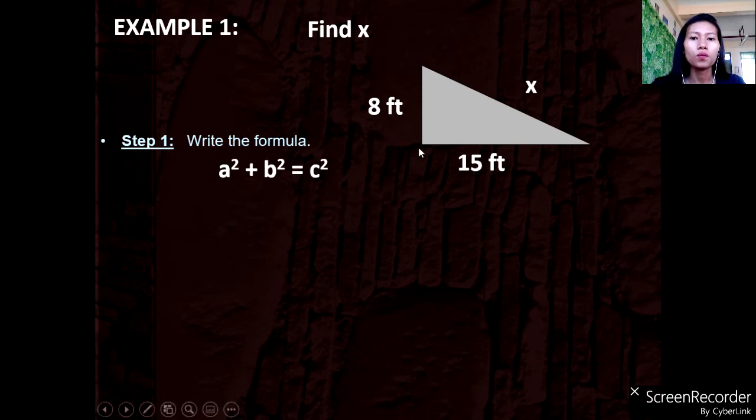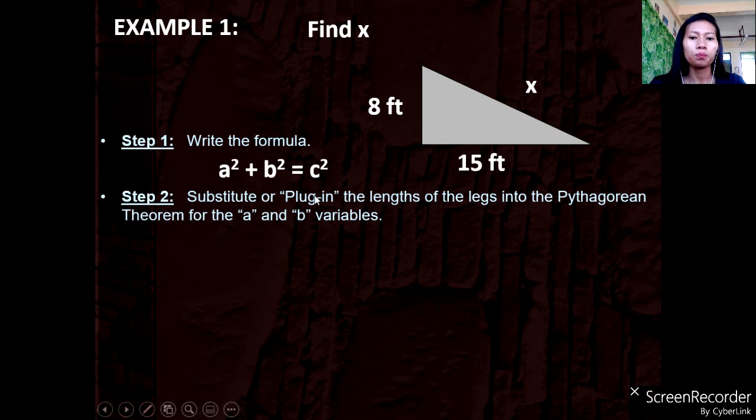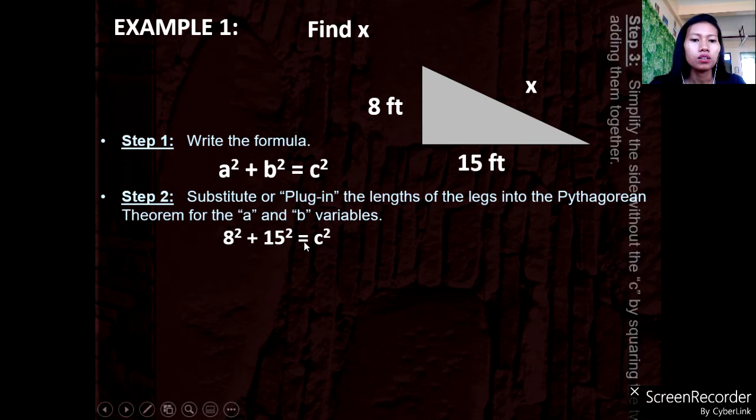So given yung dalawang value ng legs, 8 and 15, let us substitute or plug in the lengths of the legs into Pythagorean theorem for the a and b variables. So for the a and b, ito po yung magiging value nila, 8 and 15. So 8 and 15 is equal to c, or still the unknown side.